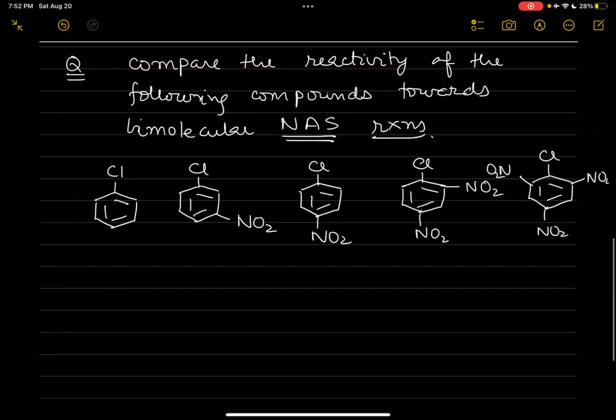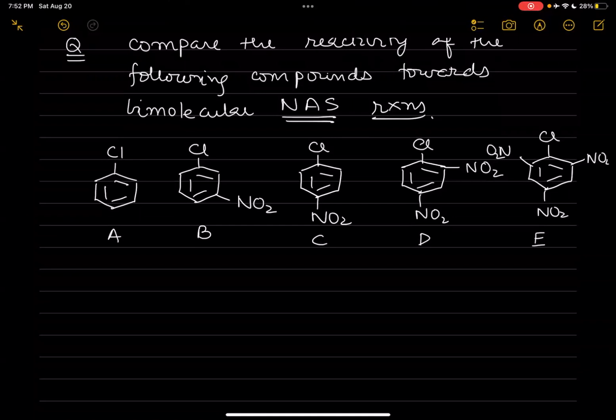So you need to compare the reactivity of these rings towards the attack of OH minus, or in general I am saying bimolecular rings, in decreasing order of reactivity.